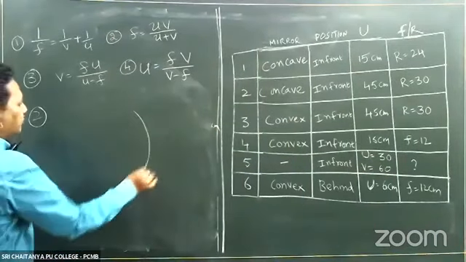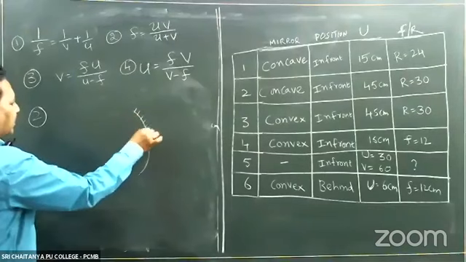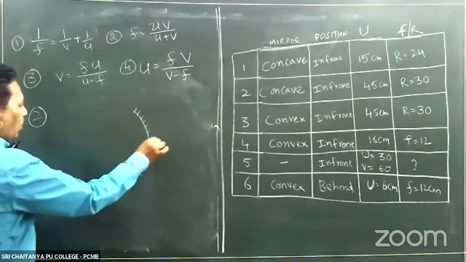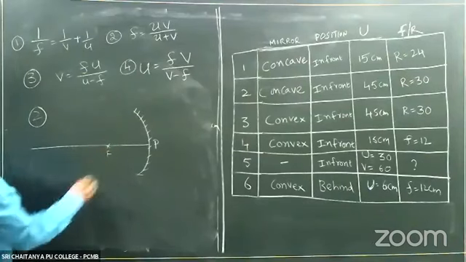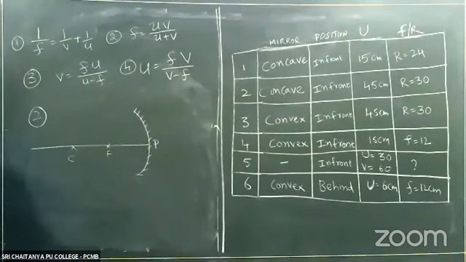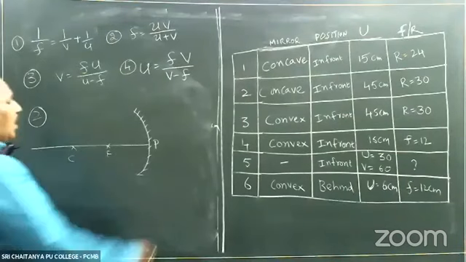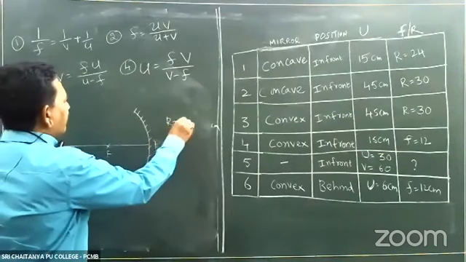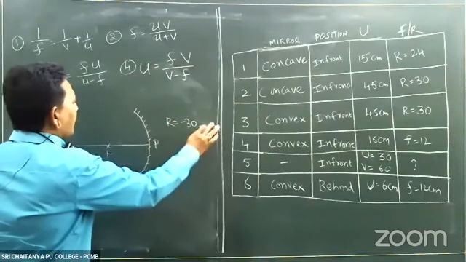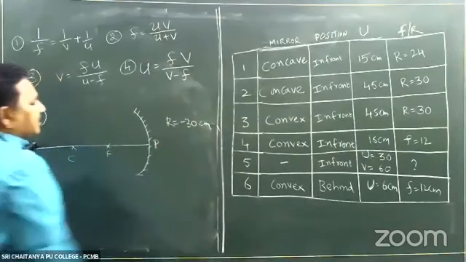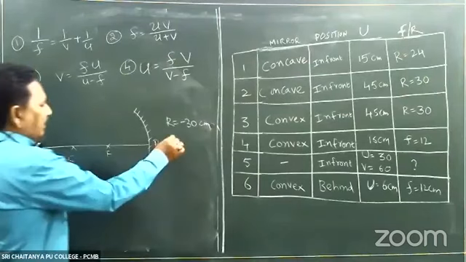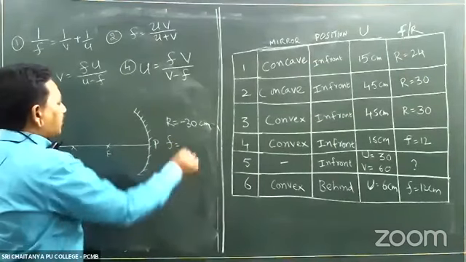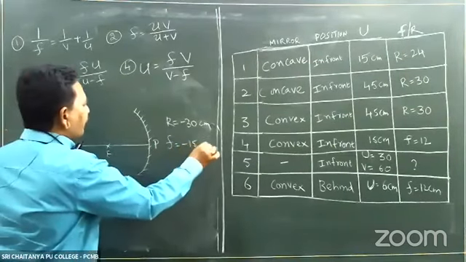Problem number 2. Concave mirror. Pole, principal axis, principal focus, center of curvature. R value minus 30. Why minus? This is concave. F value is R by 2, minus 15.